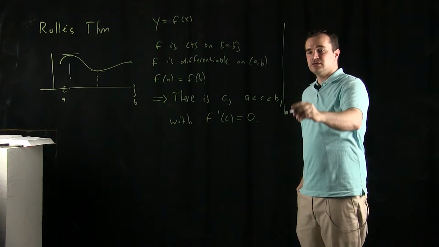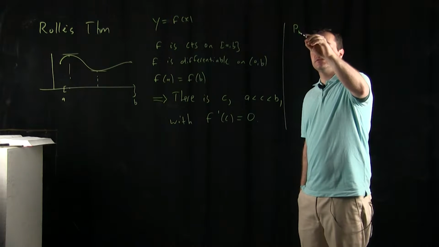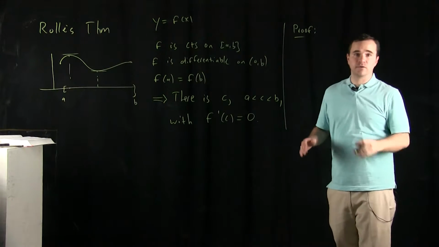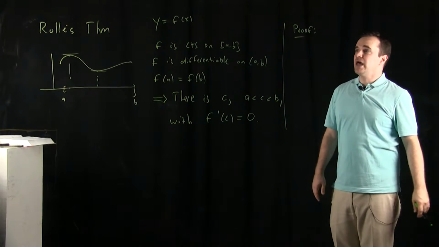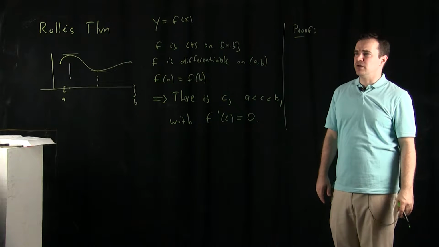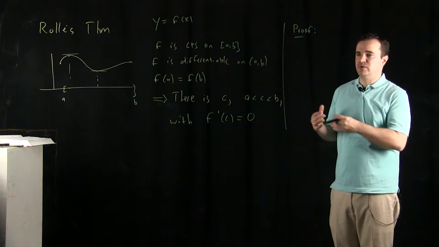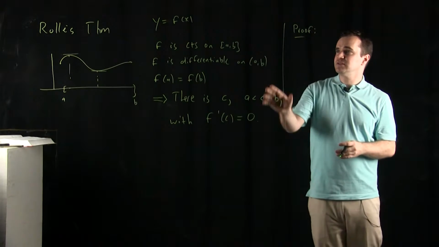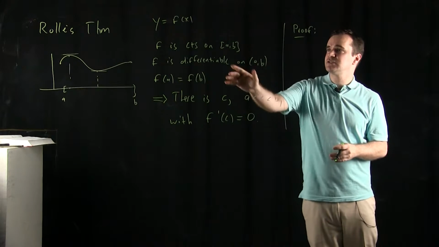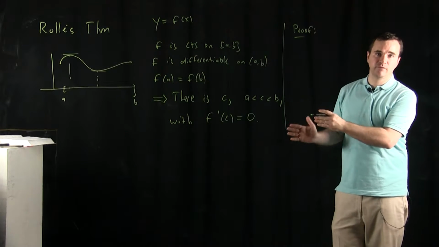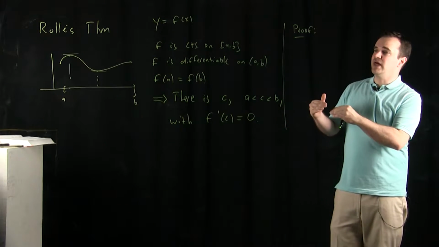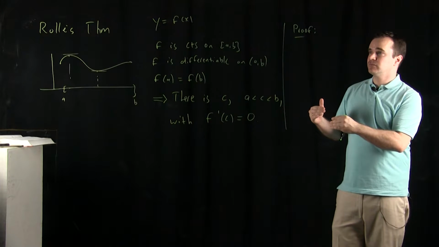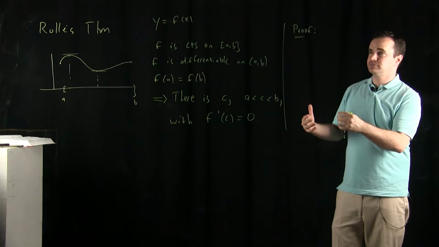And you can actually prove this really fast using Fermat's theorem from a previous video, and using a bit of theory that we assumed but didn't prove. So first of all, given that it's continuous on the closed interval from a to b, we know that an absolute maximum and an absolute minimum does exist.